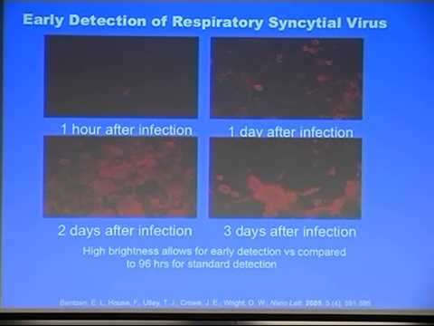It used to take 4 days to be able to figure out that there was infection. They took infected cells and used fluorescent quantum dots, and within 1 hour, because the dots are so bright, they could see the presence of infection. It was very, very clear after 1 day. It was clear after 2 days, and extremely clear after 3 days.